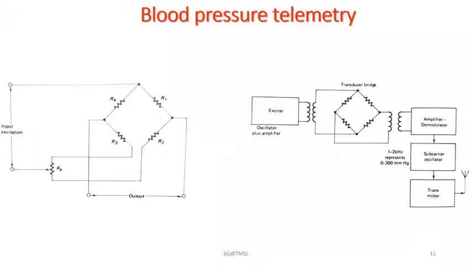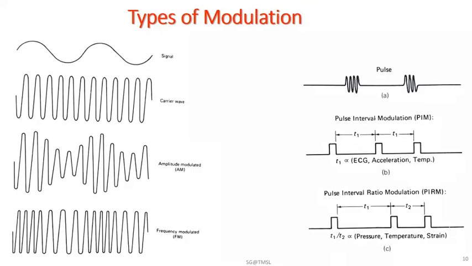Okay, so next is the FM signal, the frequency modulation signal, where the frequency of the carrier is varied according to the information which is being transmitted. So here the frequency is maximum, here it is the minimum, then again maximum, so it depends on this input signal and this carrier wave.